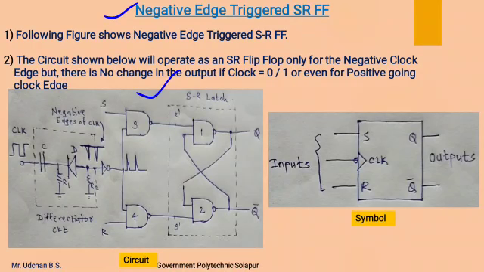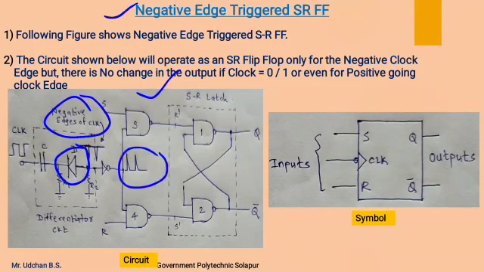The circuit diagram is similar, only the direction of the diode is reversed, so that the negative edges of the clock pulse can be sensed by the detector circuit, which will give negative edges of the clock pulses, and we are going to convert the negative edges into positive edges, so that both the NAND gates will get a logic 1 input.